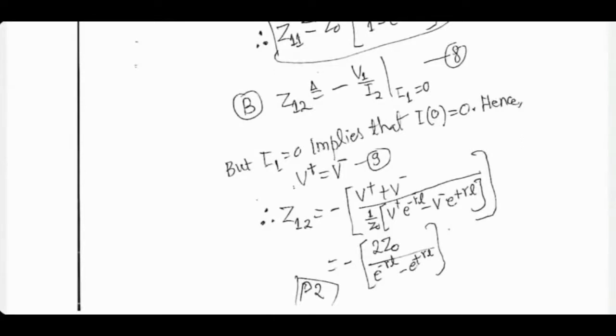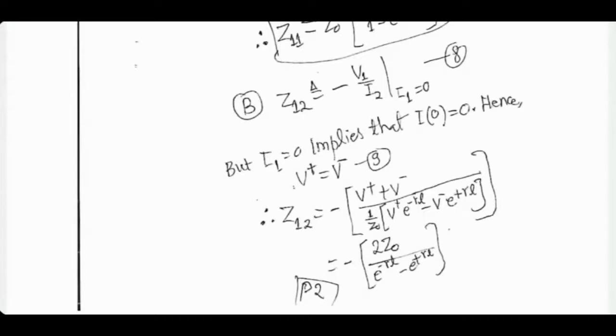Now you apply the definition minus V1 upon I2. V1 is V plus plus V minus. I2 is 1 divided by Z naught and within parenthesis V plus e to the power minus gamma L minus V minus e to the power plus gamma L. You divide numerator and denominator by V plus and then use, in fact, you can use directly the fact that V plus and V minus are equal to each other.